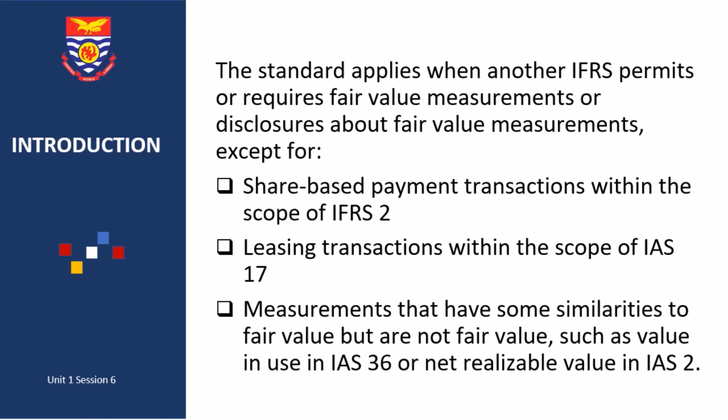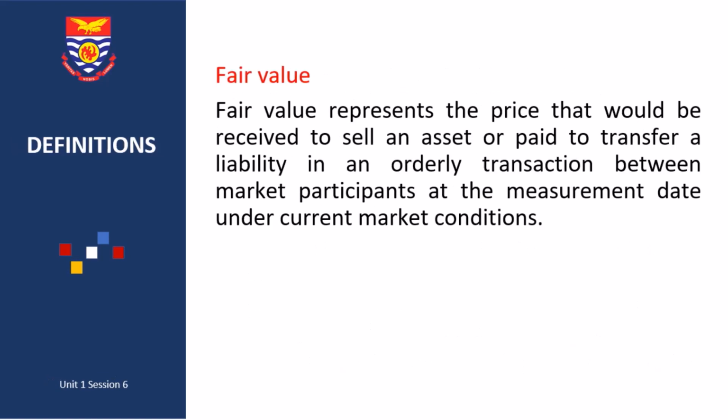And we look at the measurements that have similarities to fair value but are not fair value. So they look like fair value but they are not fair value. We look at impairment in IAS 36. We look at the net realizable value of IAS 2.